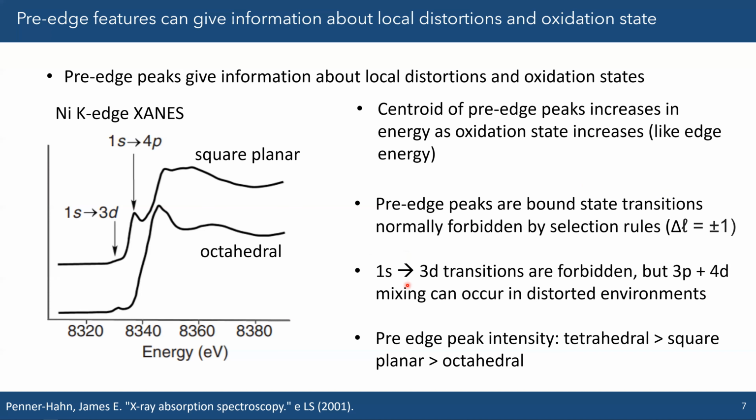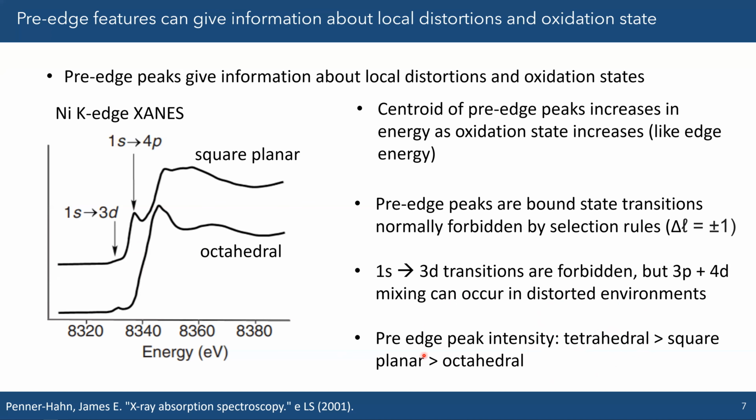However, in these materials, you can have some 4p and 3d orbital mixing, or maybe hybridization is a more familiar word, that can occur, especially when the geometry around your absorbing atom is distorted. So the preedge peak intensity will vary depending on the geometry around your absorbing atom. If you're in a tetrahedral environment, you'll have high mixing and thus high transitions and high preedge peaks.